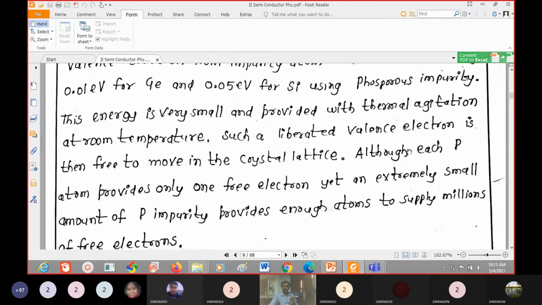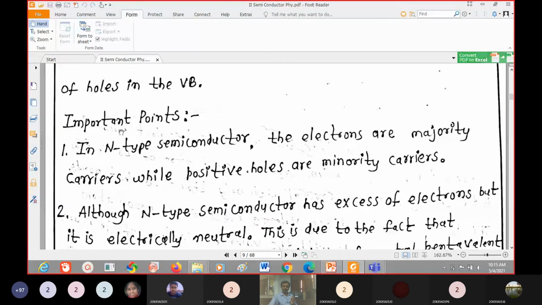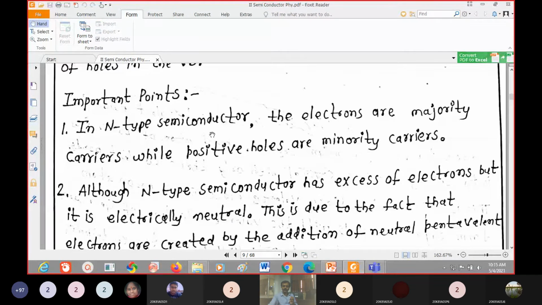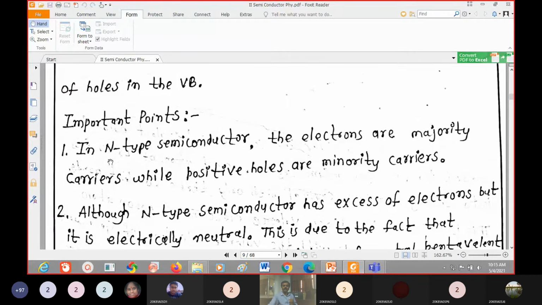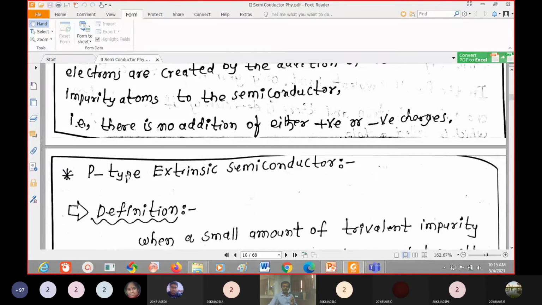Now I'll go to some important points in the case of an n-type semiconductor. In an n-type semiconductor, the electrons are the majority charge carriers, while positive holes are the minority charge carriers. This second point is not required for you.